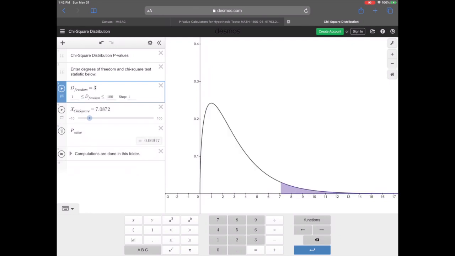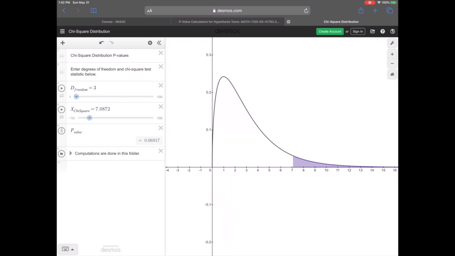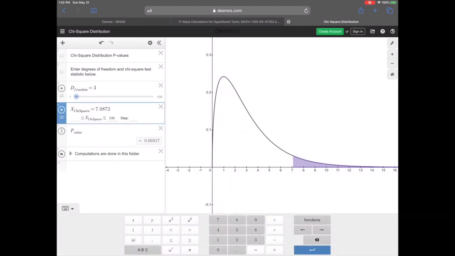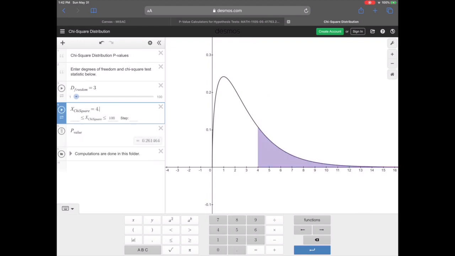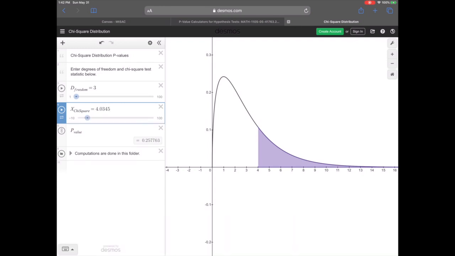When you put that in, you should get a picture like this. But again, the chi-square value is different this time, so I'm going to delete what's there and put the 4.0345.